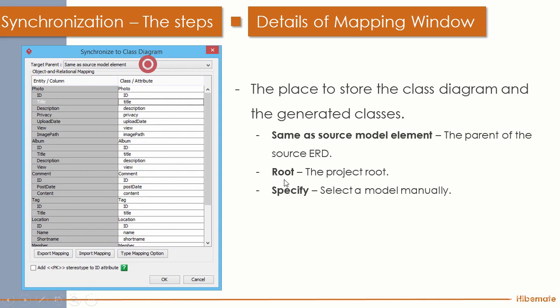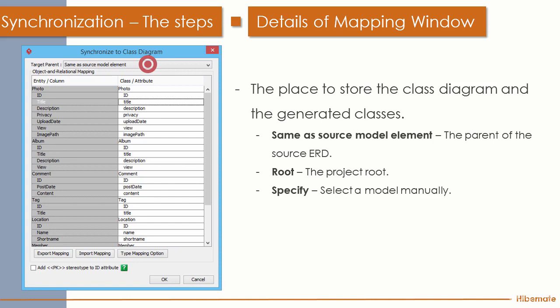Or you can generate to the root, which we don't suggest. Or you can select another model to generate into. The model is something like a folder in the file system. Then you can put it in the model. It's also a good practice to put the entities in one model.